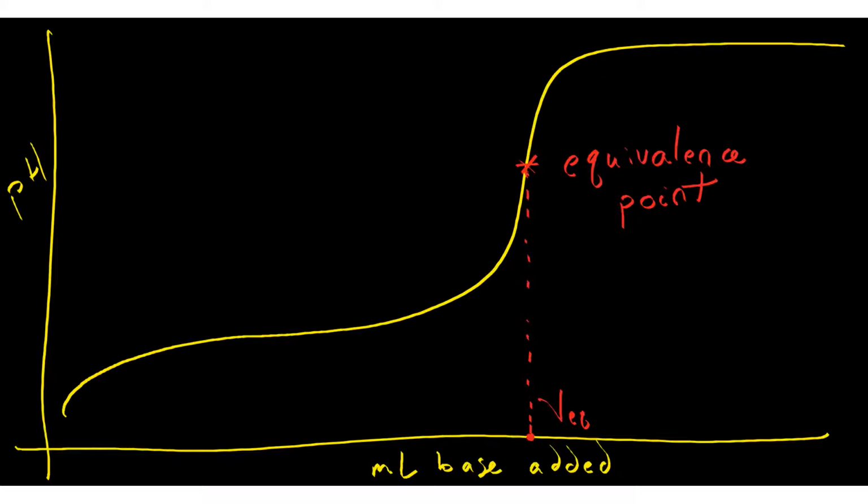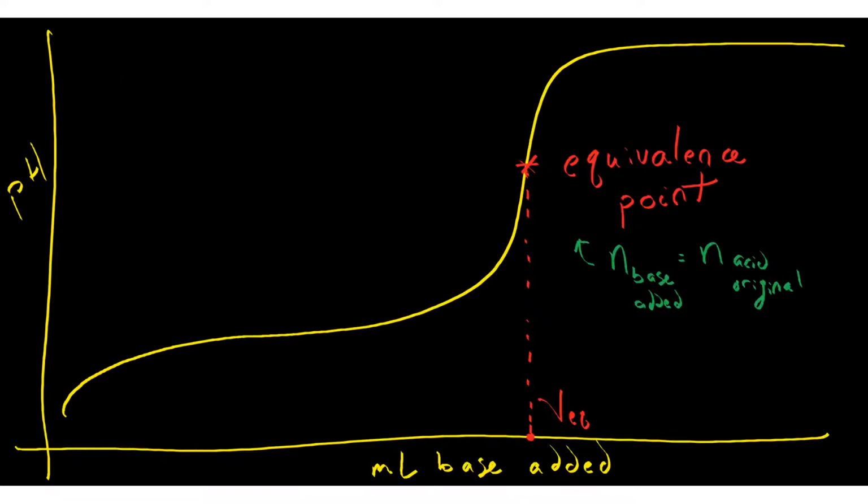Now, I also want to emphasize that the pH here will not be 7. It's going to be greater than 7, okay? Because you've jumped over into that basic range. Okay, a weak acid being titrated with a strong base is going to have a basic pH at equivalence. It's going to be greater than 7.